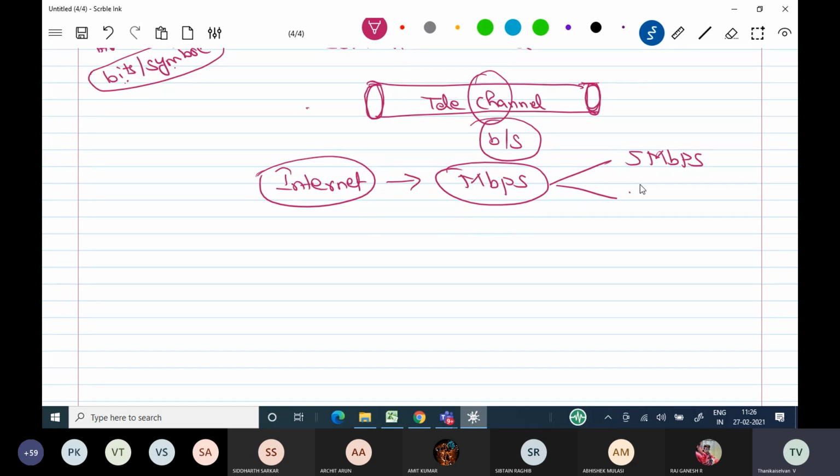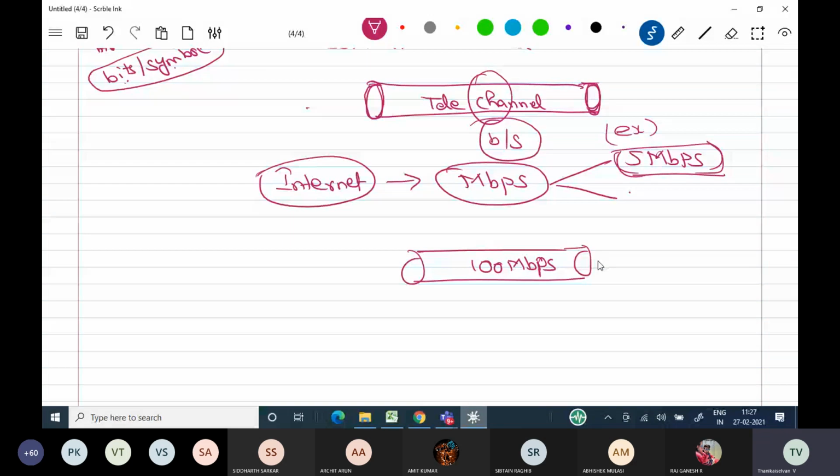Okay, so now you see this. For example, we are taking 5 Mbps, which means the channel capacity is 5 Mbps only. Channel capacity, we are finding, is the data rate. Now the channel is able to carry 100 Mbps also, but based on the equipment and the service, we are getting 5 Mbps only.